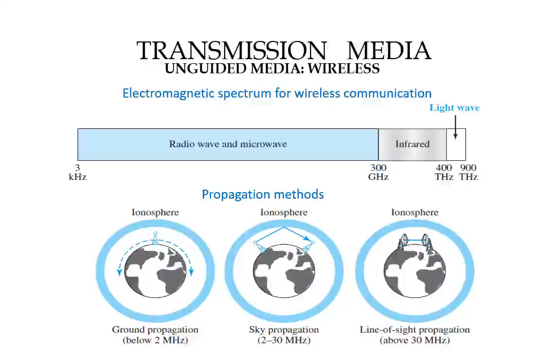Starting from 301 GHz to 400 terahertz is infrared, and 401 terahertz to 900 terahertz is light wave. The wave is different: starting from 3 kilohertz the wave vibration is more, and at 900 terahertz the vibration is very low, like a light beam being transmitted. So this is the major difference between lower frequency and higher frequency.